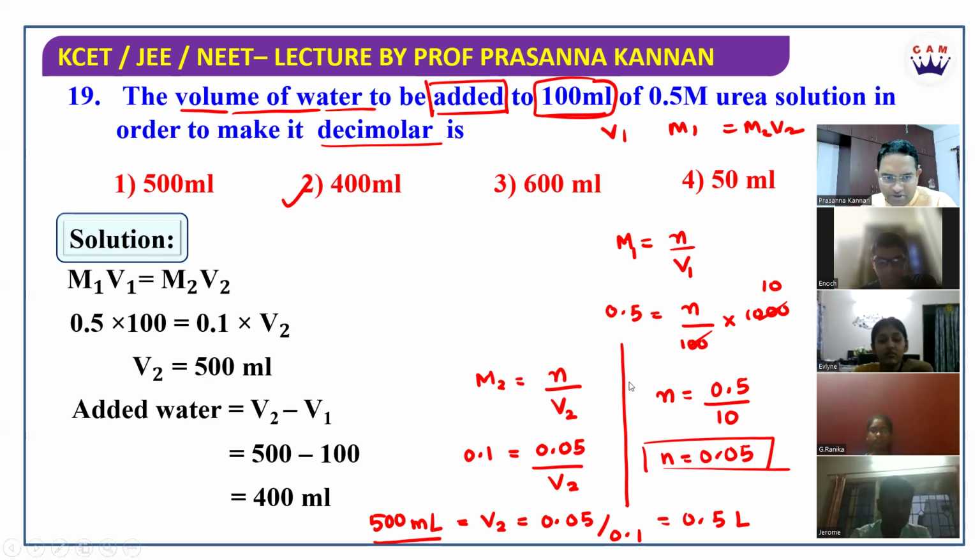So the total becomes how much? 500. So how much more are you adding? 400. That's all. So is it clear, Evelyn? Yes. So I hope all of you are clear with this. Very good. If taken down, we can move on to the next.